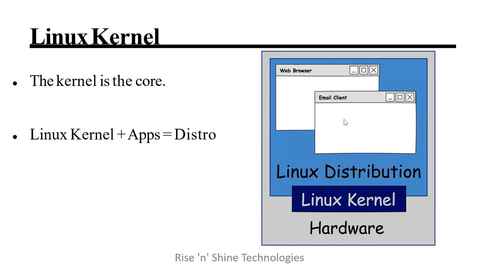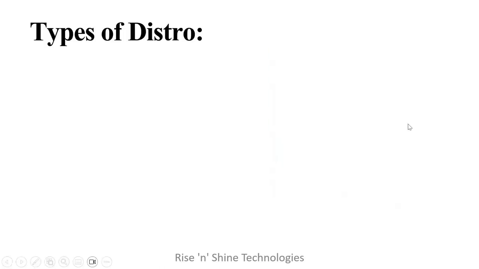The same thing applies here. Linux has so many distributions, and all the OSs share the same basic mechanism, that is the kernel, but based on the user interfaces, user packages and user utilities, we call them distributions. What types of distributions are available?